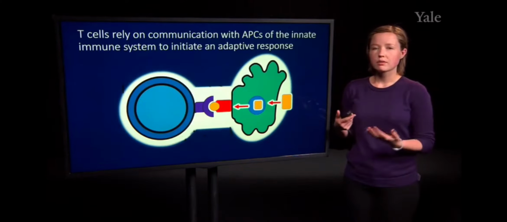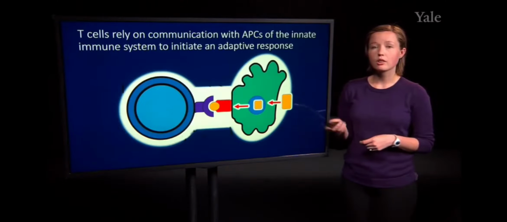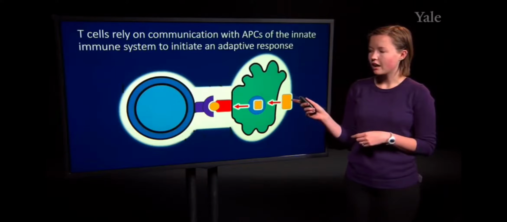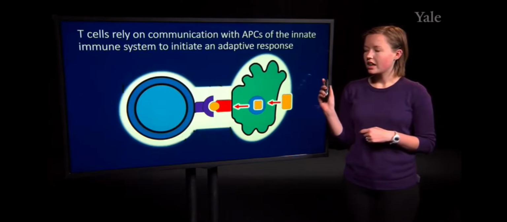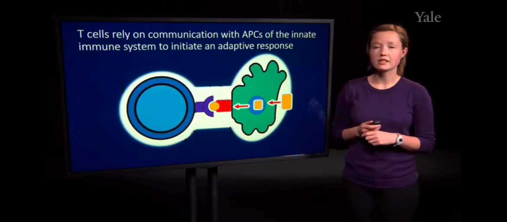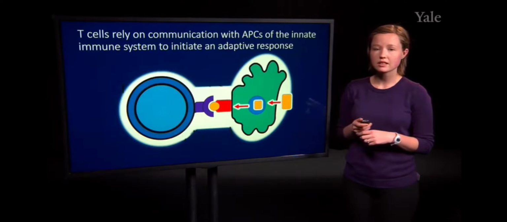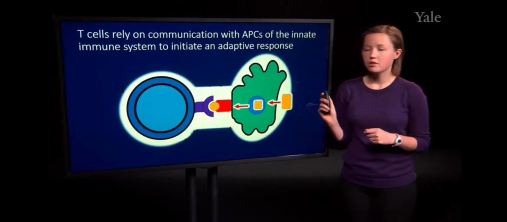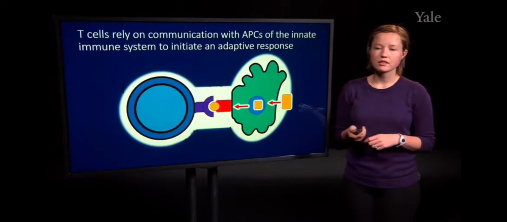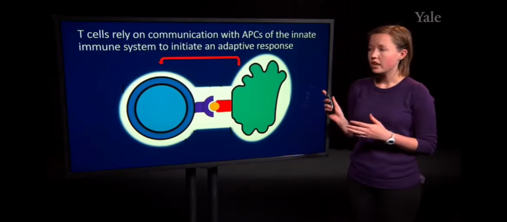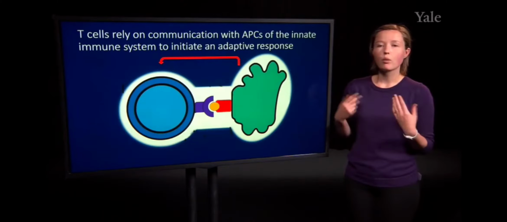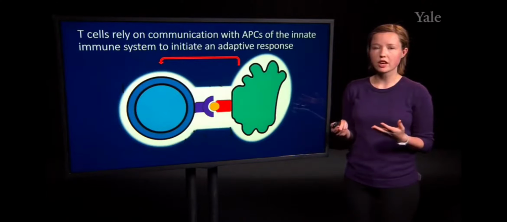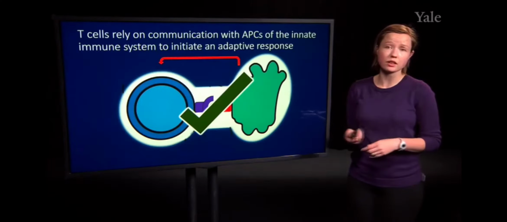The way that this is accomplished is once the bacterium is taken up, the antigen presenting cell, in this case a dendritic cell, will use the MHC molecules to interact with T cell receptors. This will communicate to the T cell what kind of pathogen there is and what kind of response should be generated in order to effectively have an adaptive immune response.